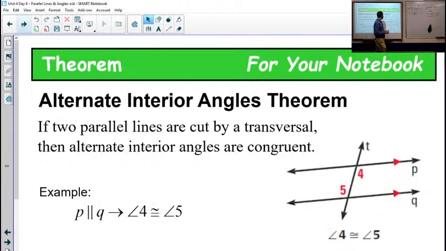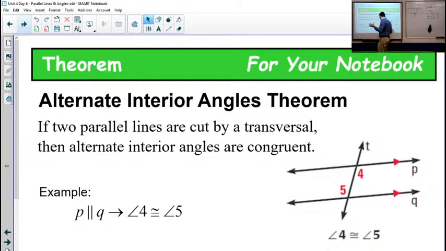Our next type are alternate interior angles. Alternate interior angles are also going to be congruent. Reason they're called alternate interior angles?